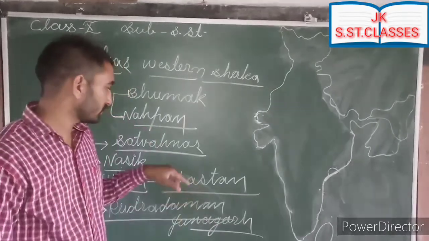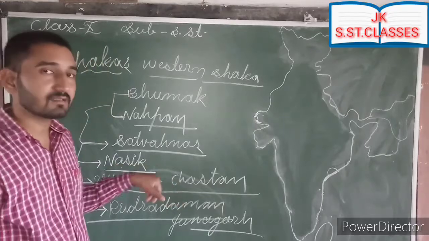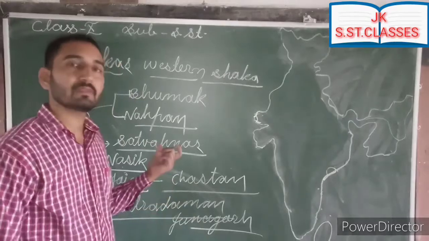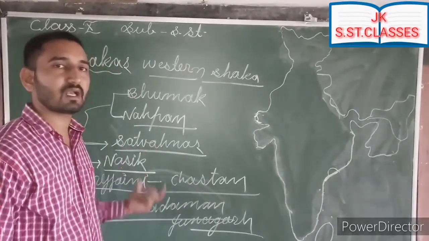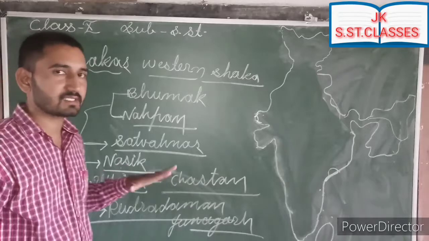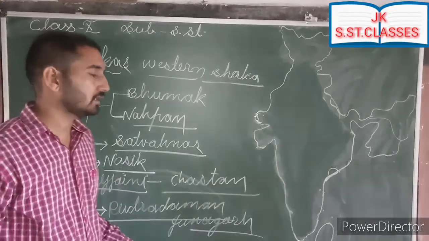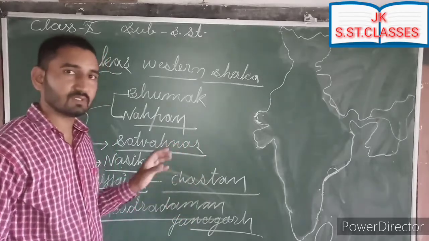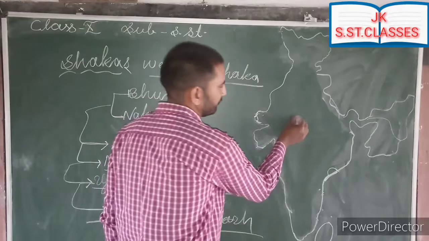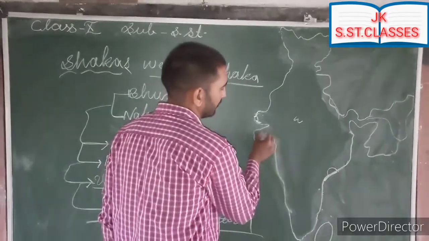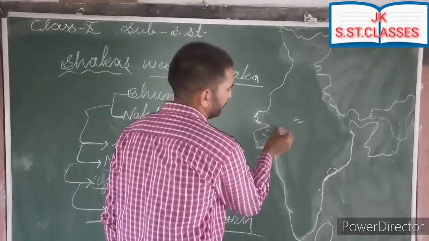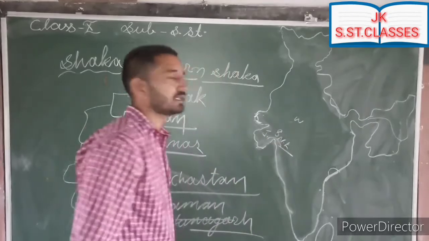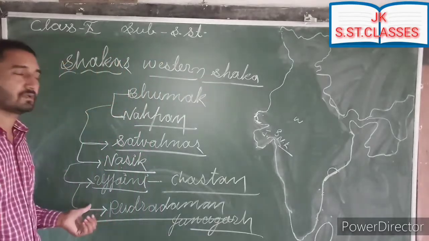Is that clear? So Rudradaman was the grandson of Chastana and was a very powerful ruler of the Shakas of Ujjaini, or the Shaka dynasty of Ujjaini. If we talk about the regions which were under the control of Rudradaman, then we can say that the regions of Western Malwa, Junagadh, Saurashtra and Northern Konkan were under his control.